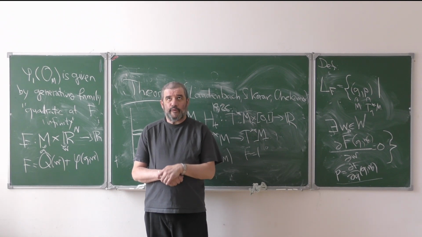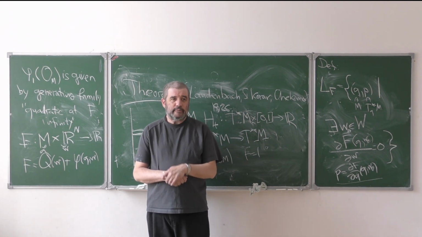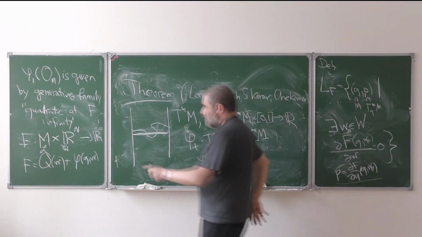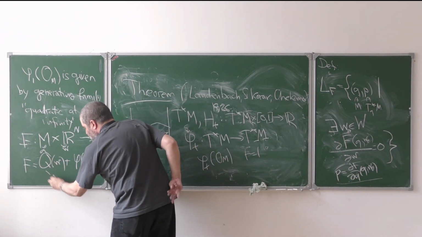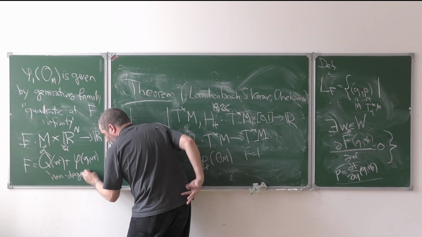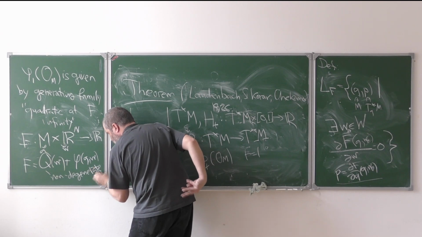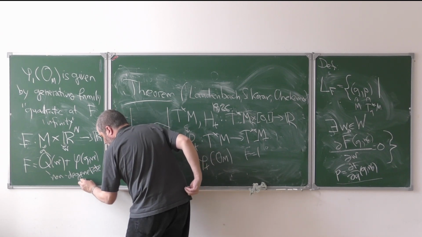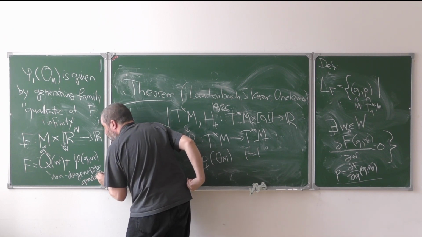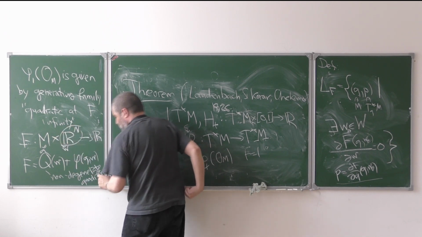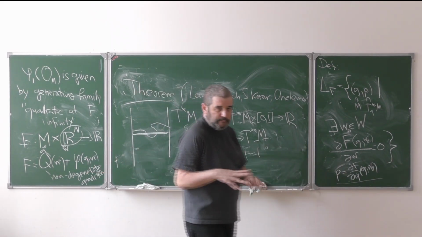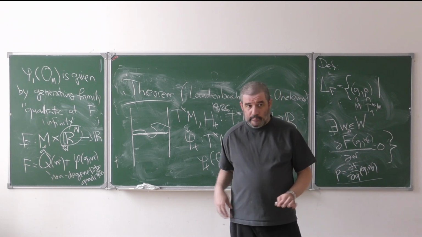It's the closure of all points where the function is non-zero. So this part is a non-degenerate quadratic form on that space, and this is, in some sense, a small addition. But small and interesting.